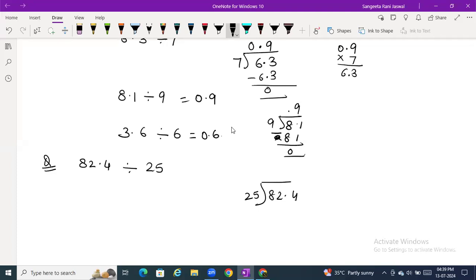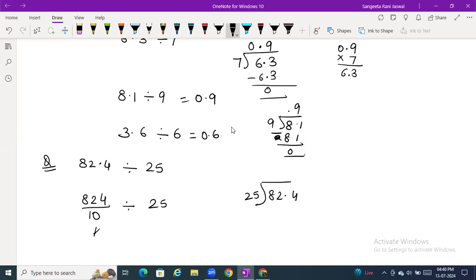Another way is, now the numbers are big here, so what you can do is remove the decimal point from here. You will change this decimal form to fraction form. When the decimal point is after one place, then what do you write in the denominator? 10. And this is divided by 25.